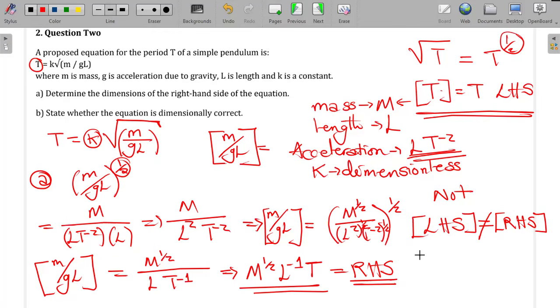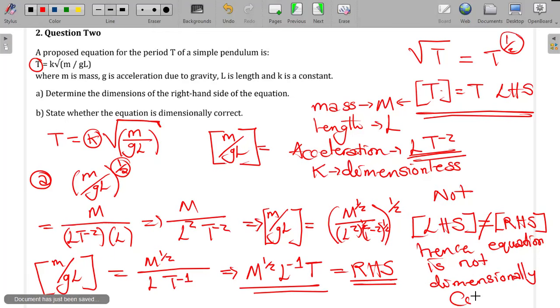Hence, the equation is not dimensionally correct. That means you're done with this particular question. So just check the dimensions on your left and the dimensions on your right. Are they similar? If yes, the equation is dimensionally correct. If not, the equation is dimensionally inconsistent.